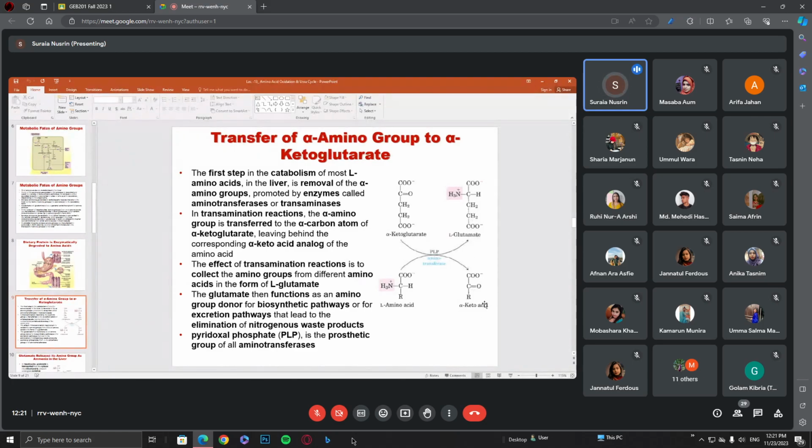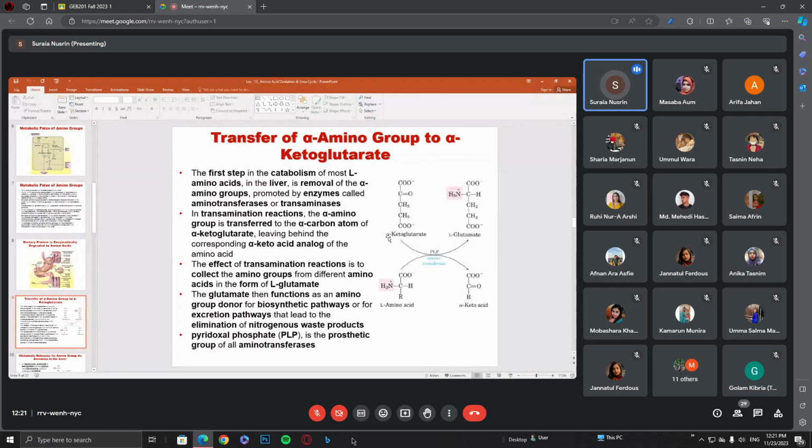So the keto acid can enter the TCA cycle. Now, what is the function of the glutamate? The glutamate actually functions as the amino group donor. So it can donate the amino group to the biosynthetic pathways, or to the amino group catabolism pathways, where ultimately the nitrogenous waste product is produced and that will be excreted from our body.